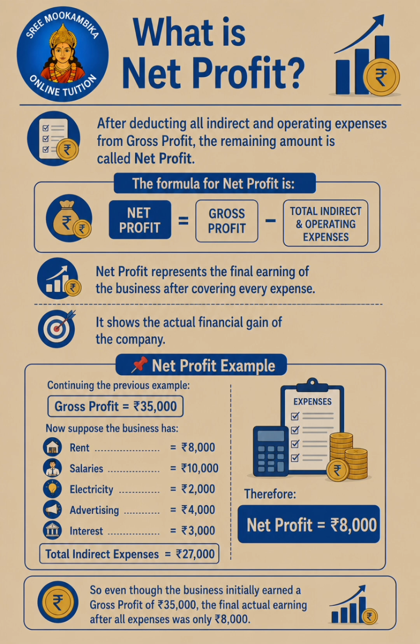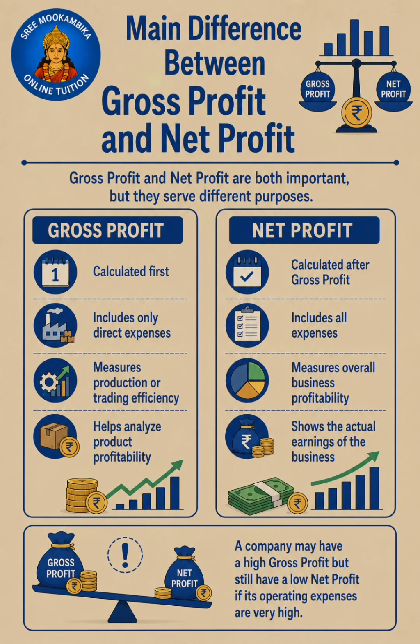Total indirect expenses is equal to 27,000 rupees. Therefore, net profit is equal to 8,000 rupees. So even though the business initially earned a gross profit of 35,000 rupees, the final actual earning after all expenses was only 8,000 rupees.